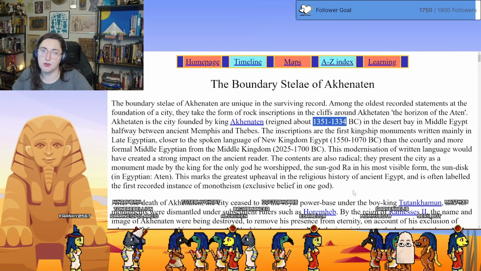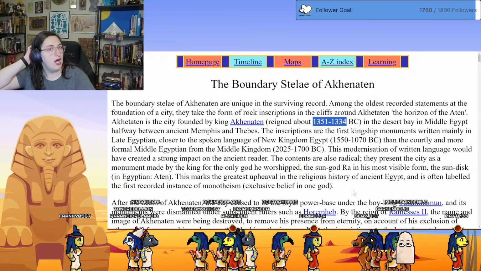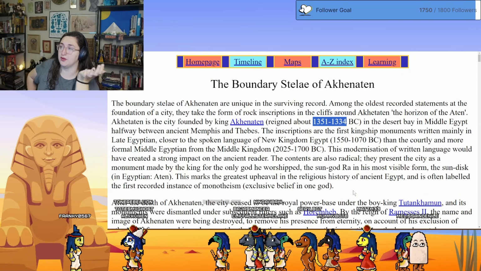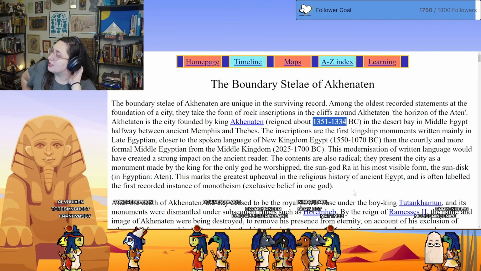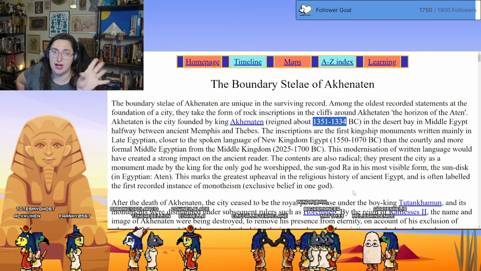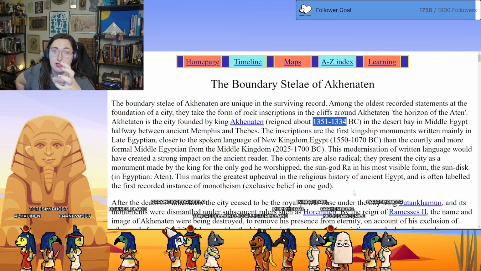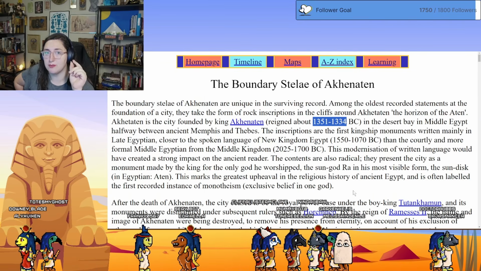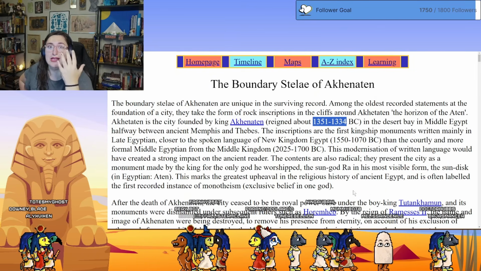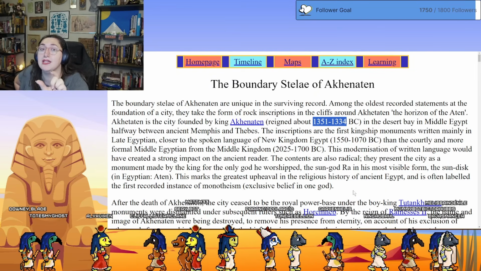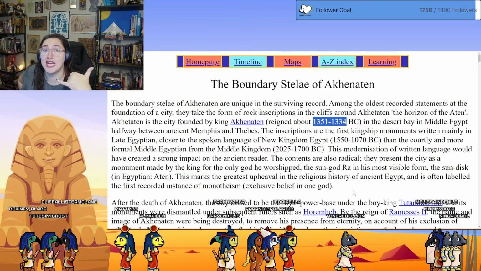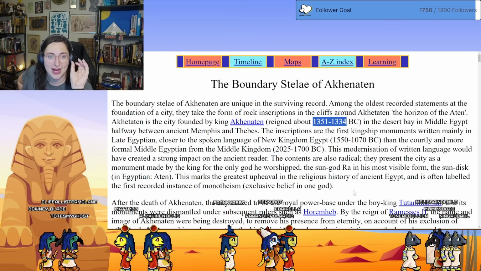So yeah, he ruled about 17 years, but he did for a couple years rule as Amenhotep IV. So the 14 years is around the time of occupation in Amarna before he passed away, with a couple years at the beginning before he made this big change. It's not like he immediately came to the throne and was like, we're changing it all up, dudes. He waited a little bit.